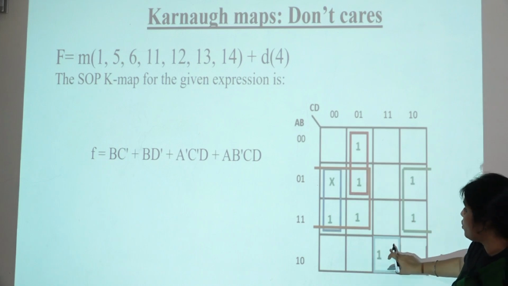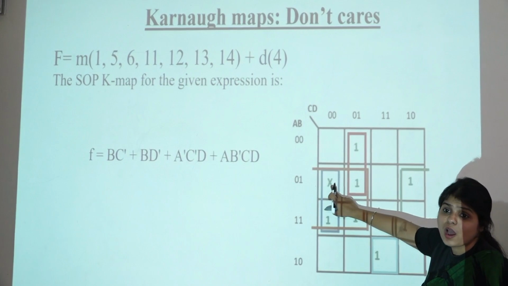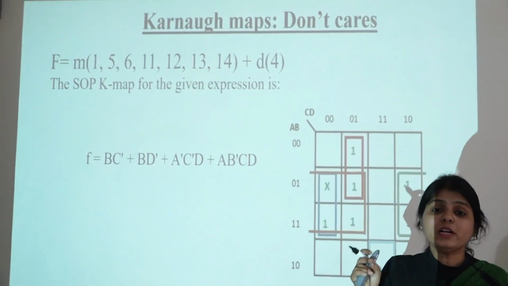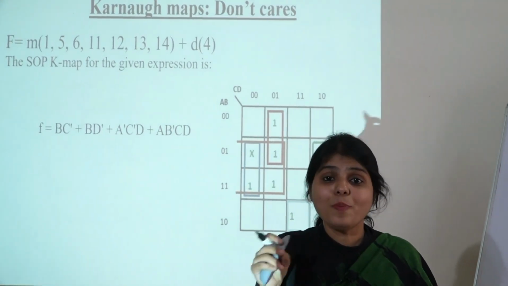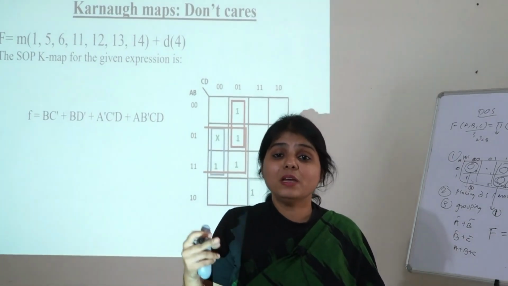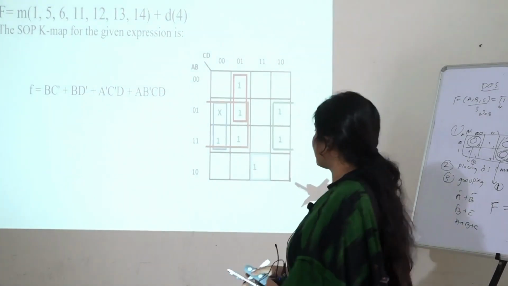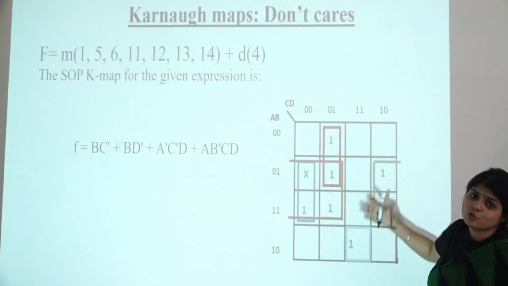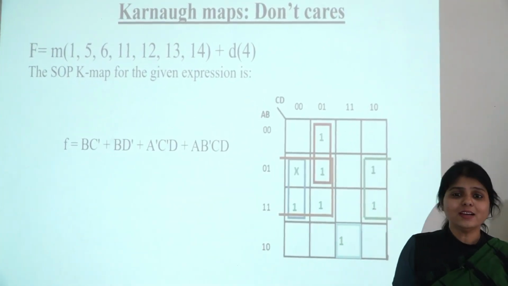Now, when I am doing this grouping, I find that if I convert this don't care into 1, I can go for a quad. So, by converting that don't care into 1, I can avoid 2 pairs and make it into 1 quad, with which my expression would be reduced to a great extent. If I have a don't care somewhere here which is not used with anything, then I can simply avoid that particular don't care condition.